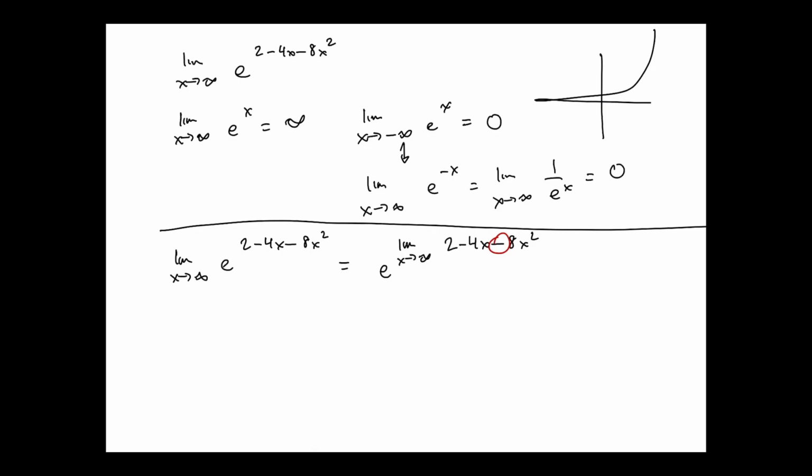So with polynomials, if you're concerned about their behavior at infinity or minus infinity, you basically can just look at the largest power. For really large values of x and really negative values of x, that term is going to dominate all the other ones, so you can basically ignore them.